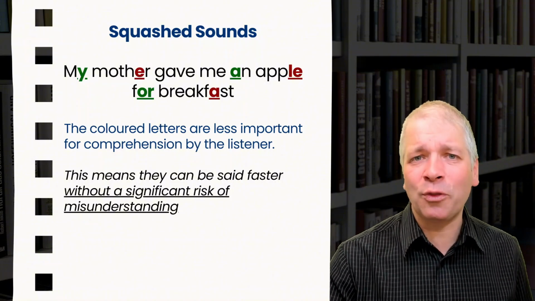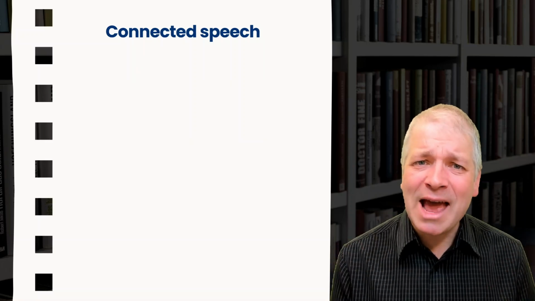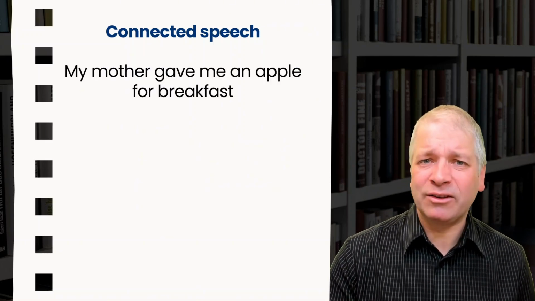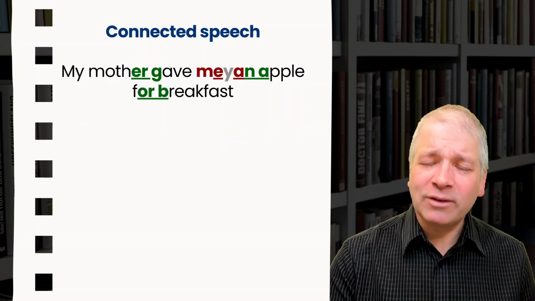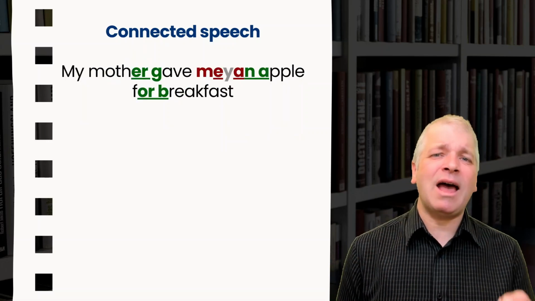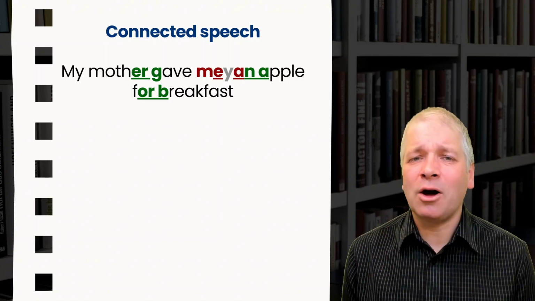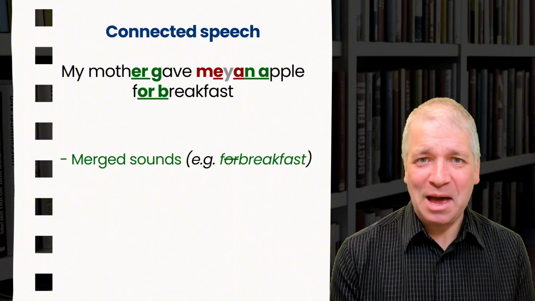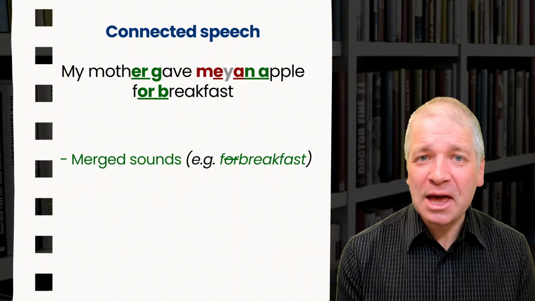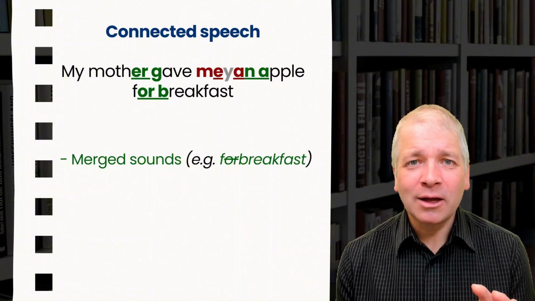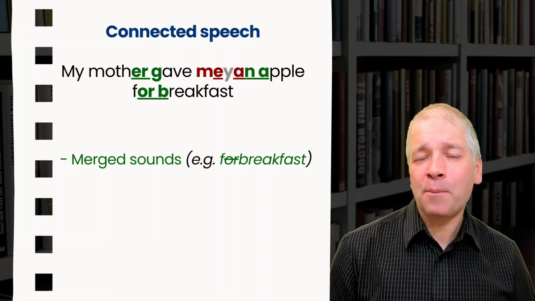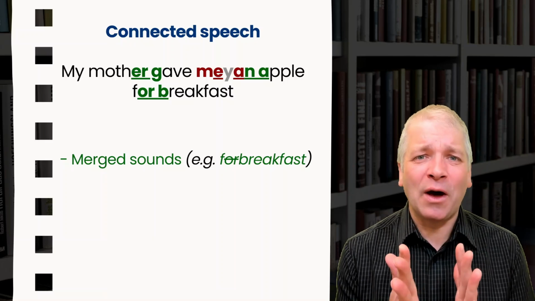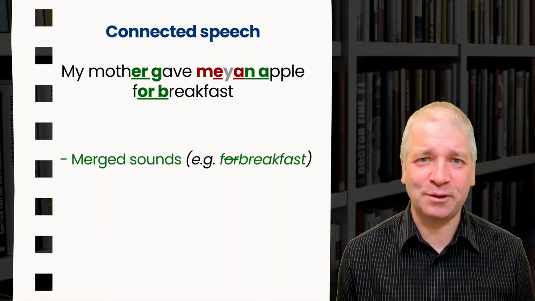And you can do one more thing too, and that is connect your speech up. How do we connect speech in a sentence like this? Well, you do it by connecting the sounds at the end of the word and the start of the next word. Firstly, merged sounds. Instead of saying for breakfast, which is what I did in the first example you heard at the beginning of this video, I link the words together and simply say for breakfast.